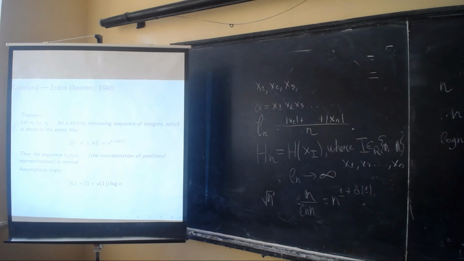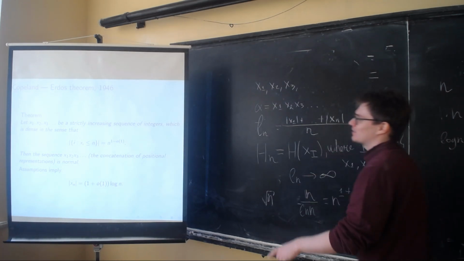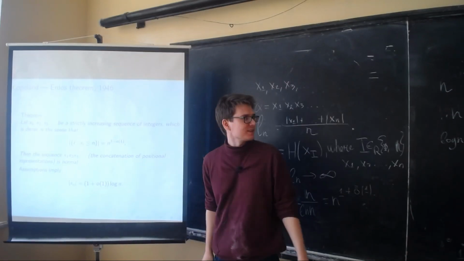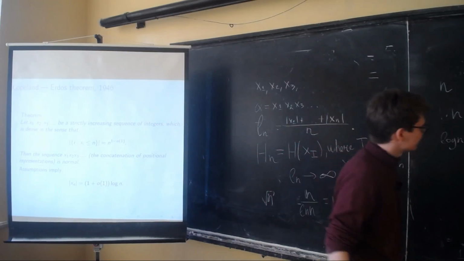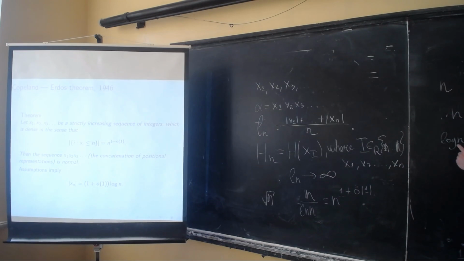We know that the number of elements of our sequence which are at most some number is this number to the power 1 minus small o of 1. So it's kind of reversed. So n here serves as xn. So we obtain that log xn and log n are equivalent as n goes to infinity. The fraction tends to 1.